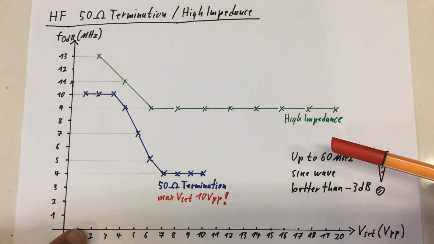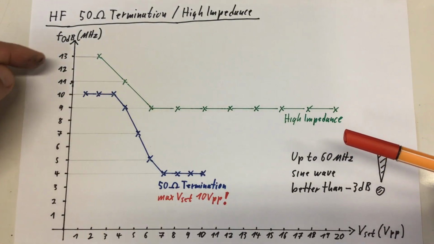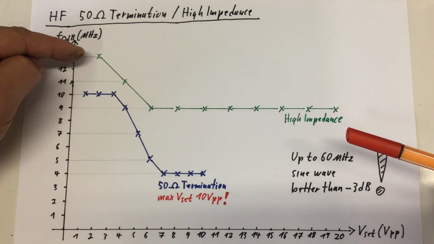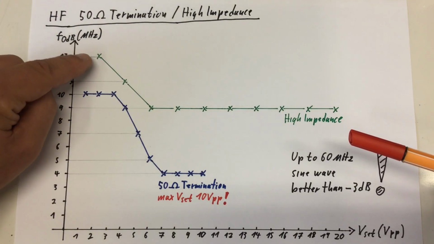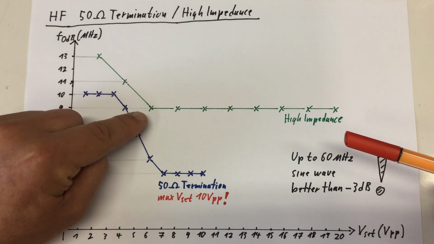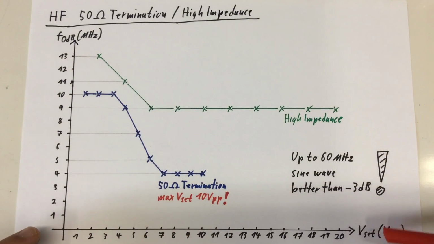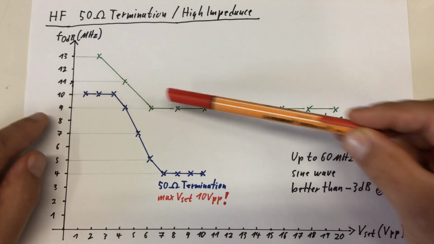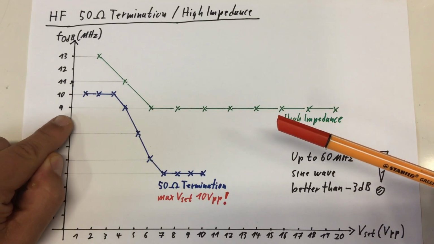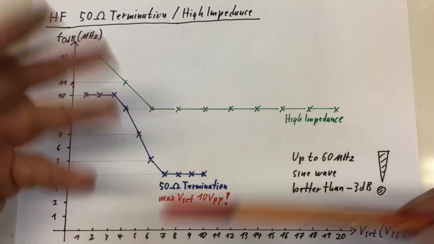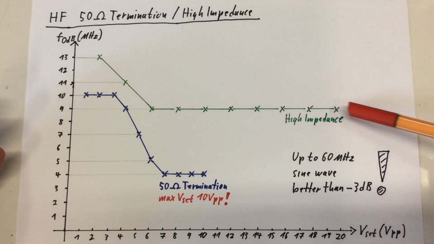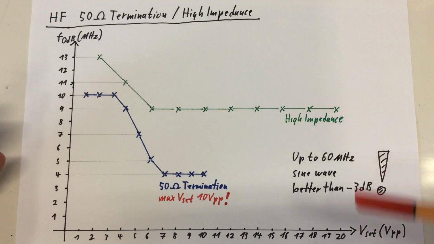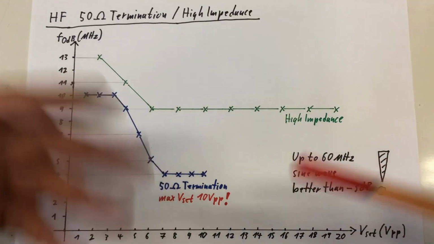At 2 volts set voltage, we can have a 13 megahertz sine wave without any attenuation, and that quickly drops down at 6 volts peak to peak set voltage to 9 megahertz. We can get out of that unit without any attenuation, and that stays pretty constant up to 20 volts set voltage.